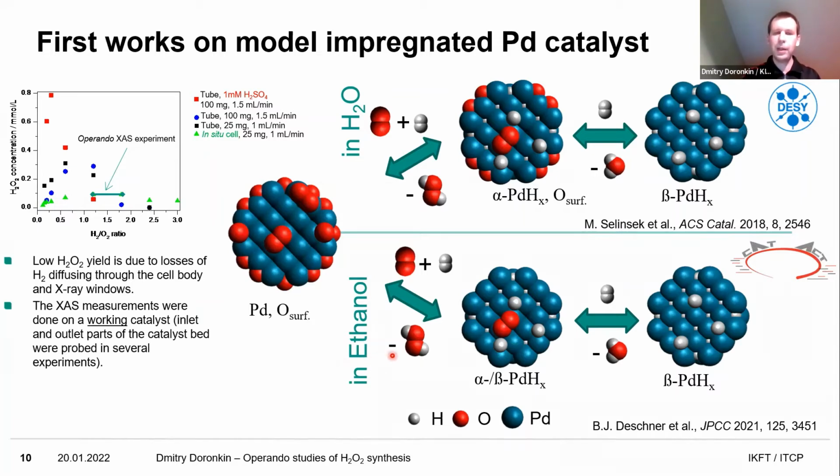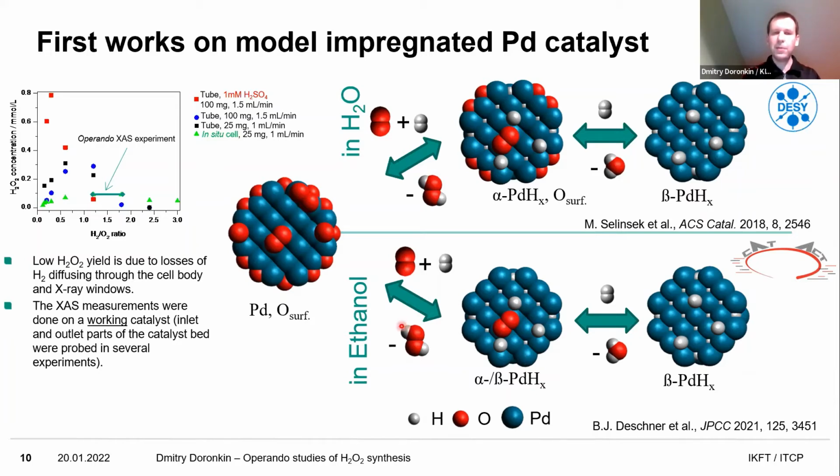So we went for ethanol based on the fact that the chemistry is essentially the same. And we again found out that the most active and selective to hydrogen peroxide catalyst had not a beta hydride state of the nanoparticles, but a mixture of alpha and beta, closer to alpha, so very slight lattice expansion.